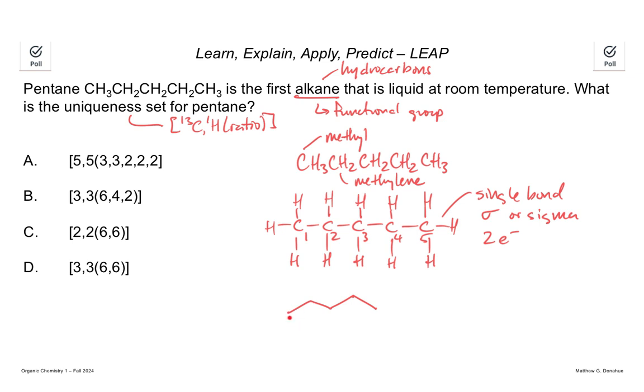That carbon atom has 3 hydrogens. This carbon atom, we're seeing 2 bonds, so it has 2 hydrogen atoms. And then the same for 3 and 4, then we get to 5, and that has 3. Any questions so far?